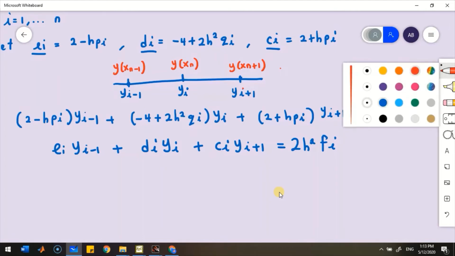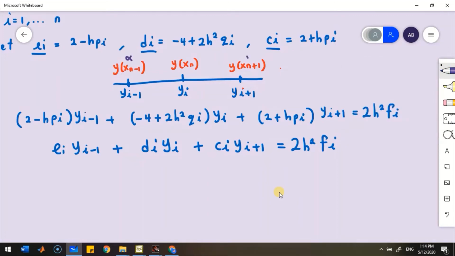So this is alpha, this is beta. Are you with me? This is the initial condition at x equals a, which is alpha. Now the boundary condition at the other end, at x equals b, is my beta. So in other words, this is my a, this is my b interval. We need to remember this.